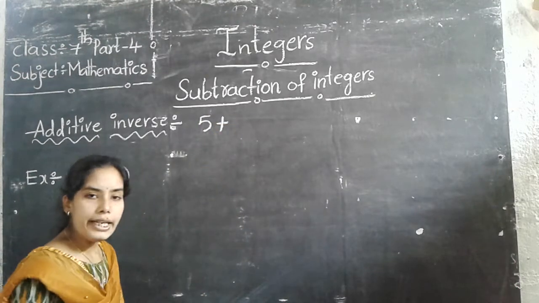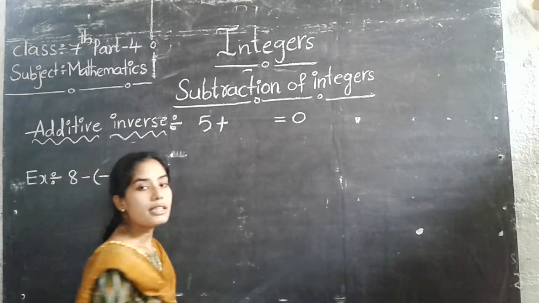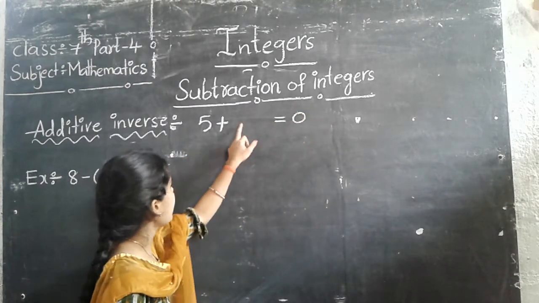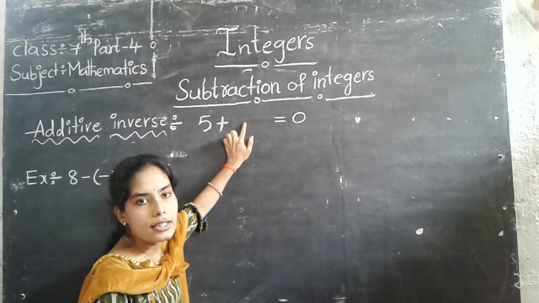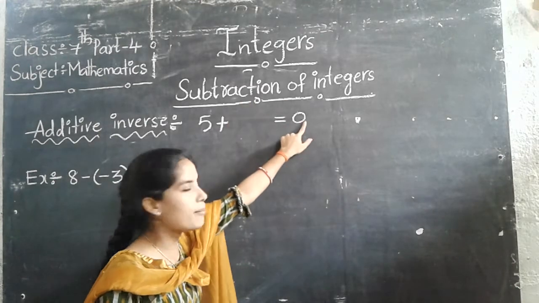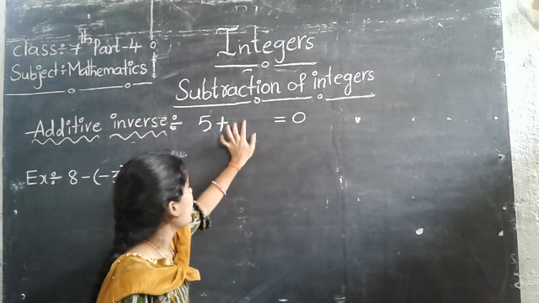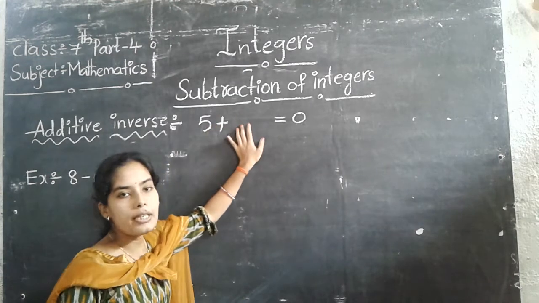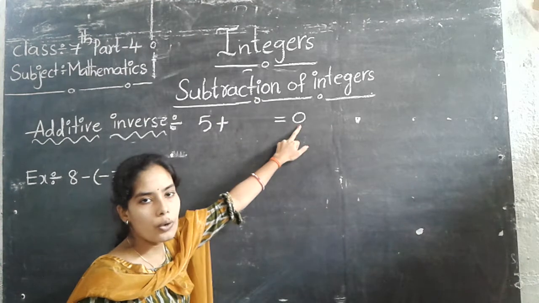When we add two integers, we get the sum 0. Here one more digit I did not add. Which digit do we have to add to get the sum 0?